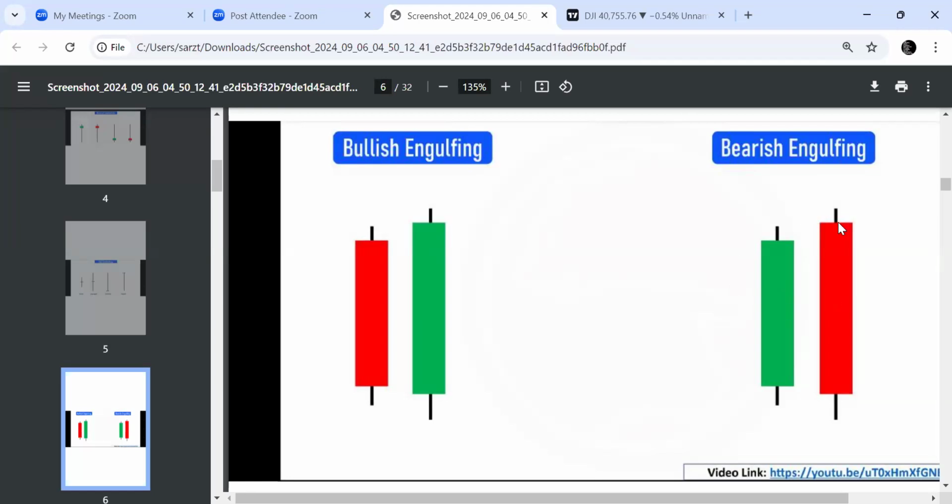It opens higher than the previous green candle's close, suggesting that the buyers initially still have control and the upward momentum continues. However, if we assume this is a 15-minute time frame, the sellers start to take over.